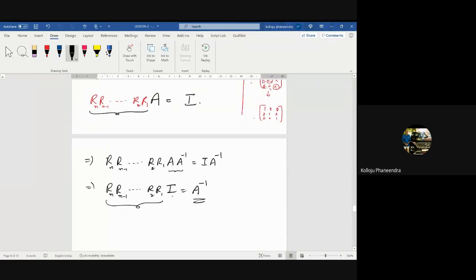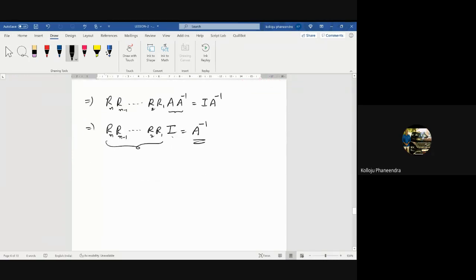Then how to use this method to find the inverse of a matrix?